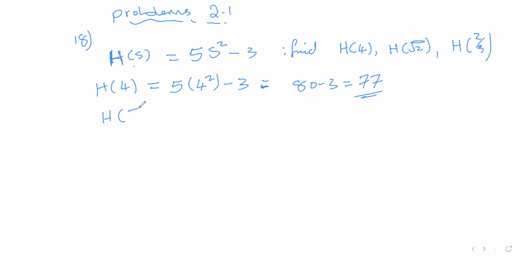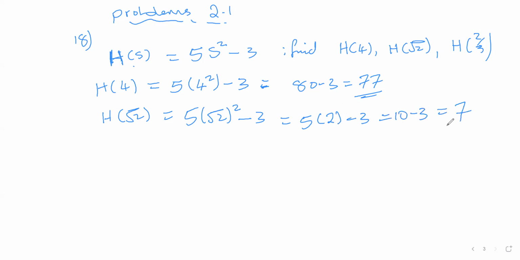Similarly, h of square root of 2 is equal to 5 times square root of 2 squared minus 3. We know that square root of 2 squared will just be 2 by our laws of exponents. So it's typically 5 times 2 minus 3, which is 10 minus 3, which is 7.